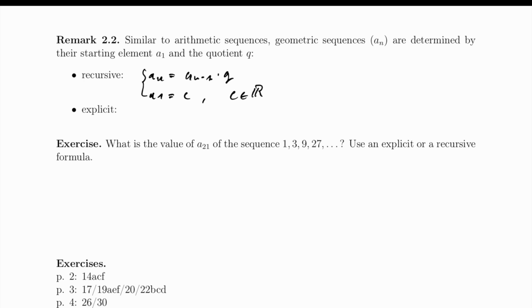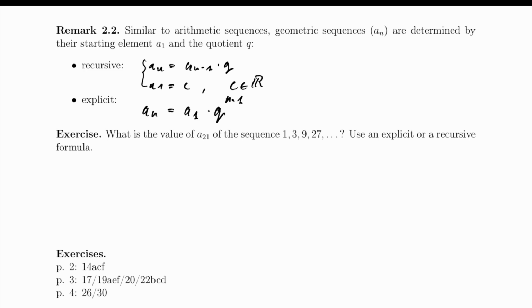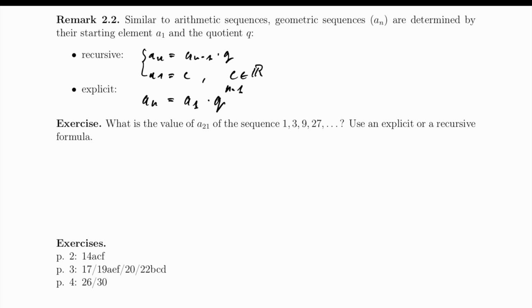And then the explicit one, again, here is a_n is equal to, you start at a_1, then you always do times q. And how many times do you do times q? Well, n minus 1 times. And this accumulates, of course, in the exponent, now not with times, because if you do times q, times q, times q, times q, you summarize that as q to the power of however many times you did times q.